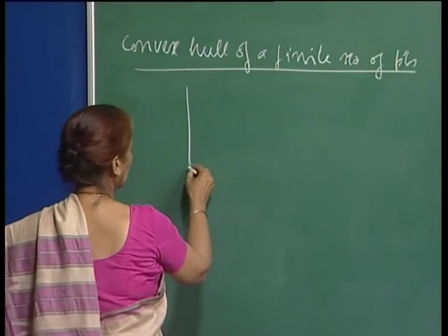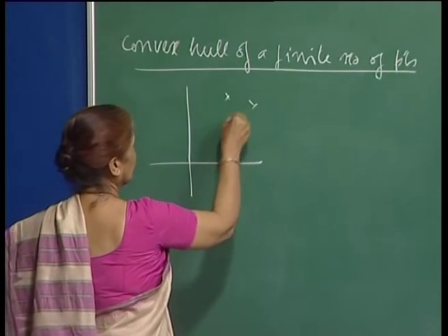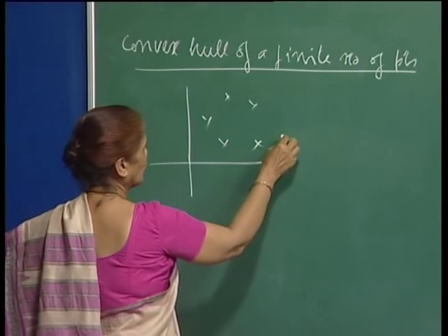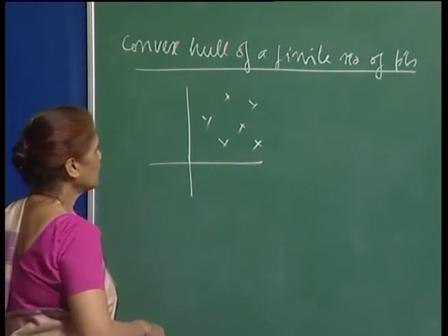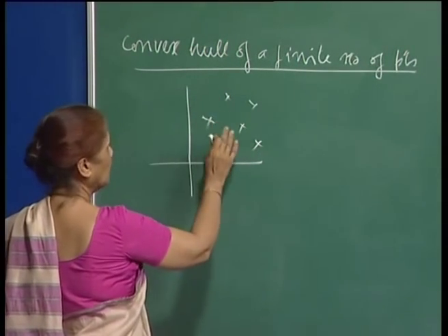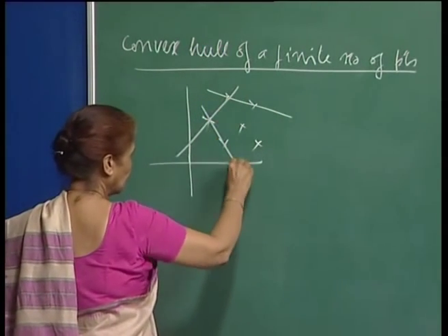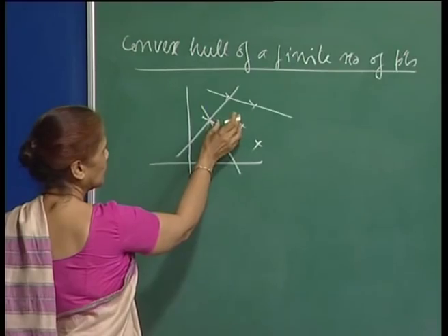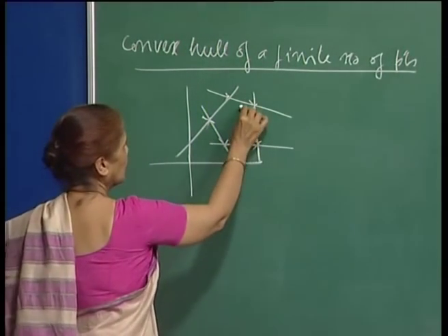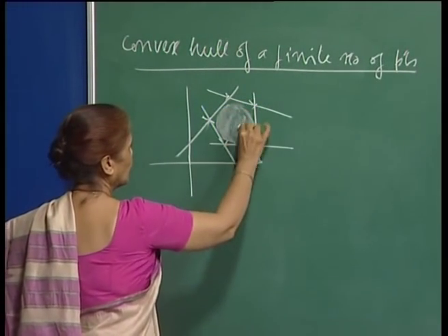So here, for example, say these are some finite number of points, and we want all possible convex combinations of these points to be in the set. So I will draw these lines, to make sure that no convex combination of these points is outside the set, and this will be my convex hull of this given set of finite points.